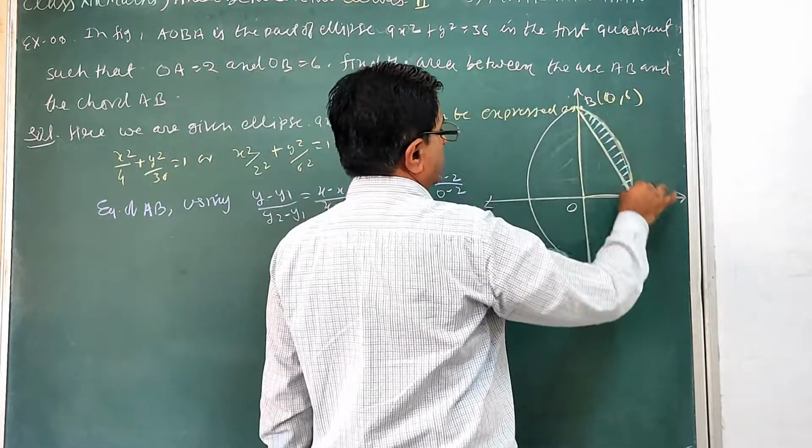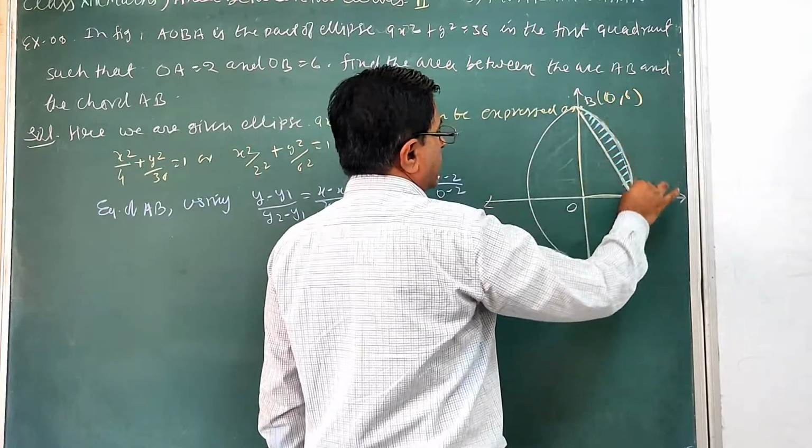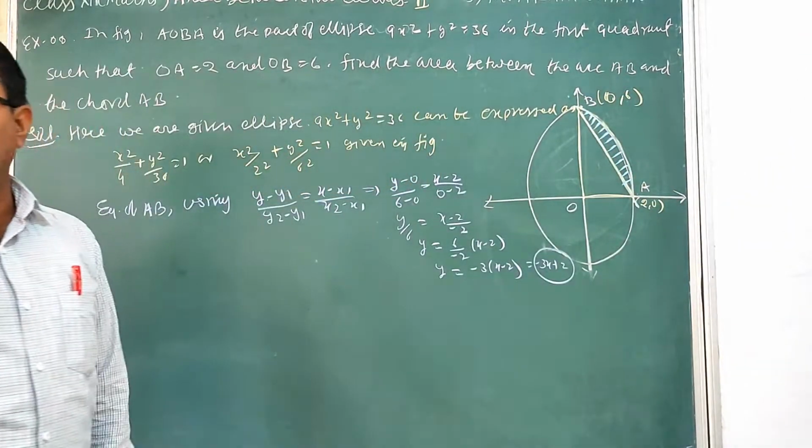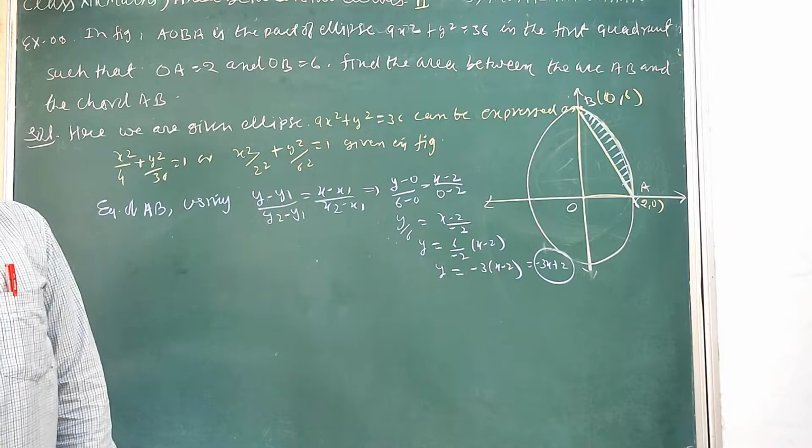So we have the equation of the line, we have the equation of the ellipse, and we already found the points.